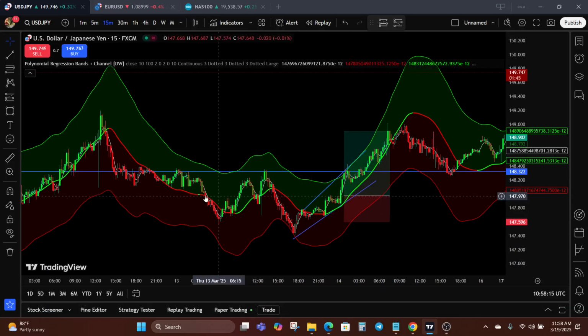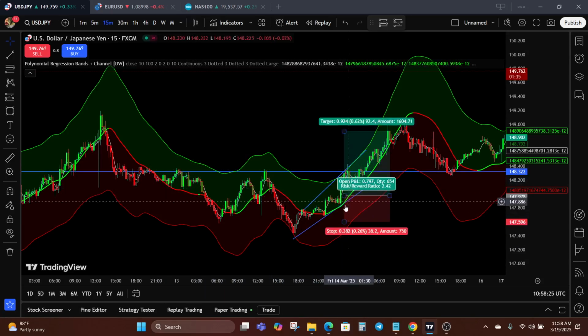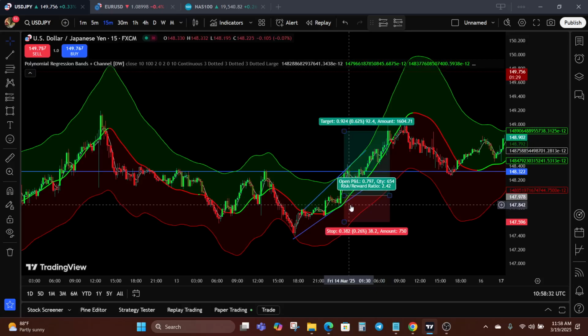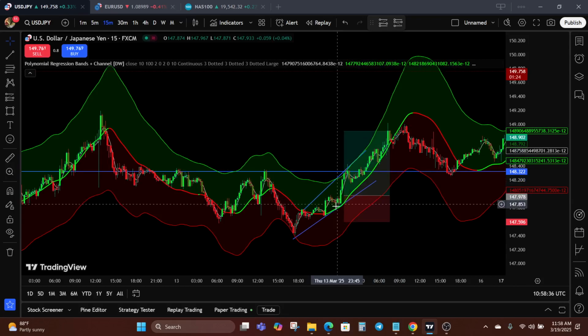So unlike what we had here, you can see that the bands were wide from each other. But suddenly, the bands will start narrowing and maintaining a constant slope in one direction, and you will notice that price will remain within the upper channel.